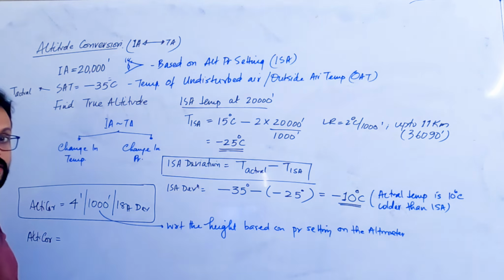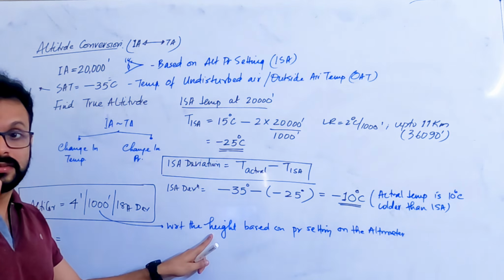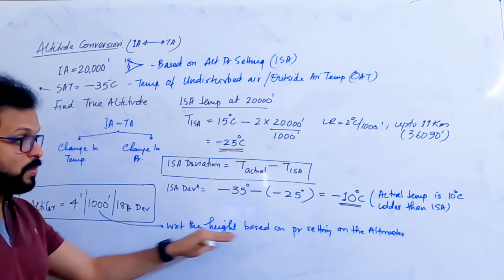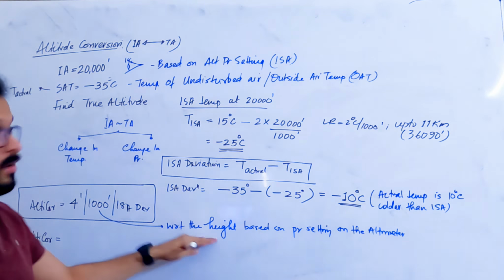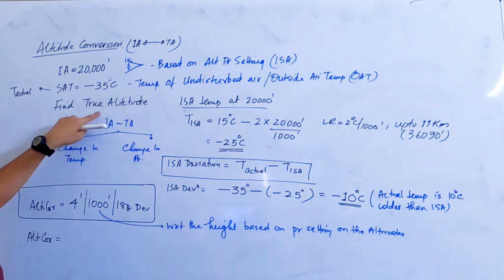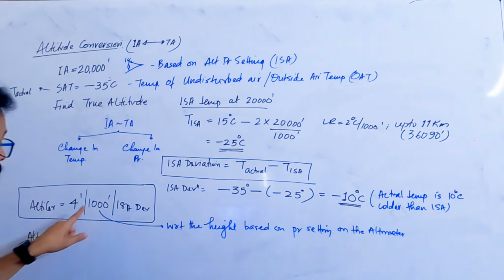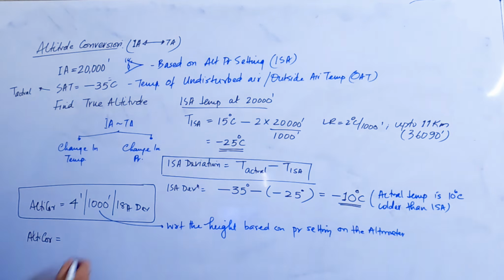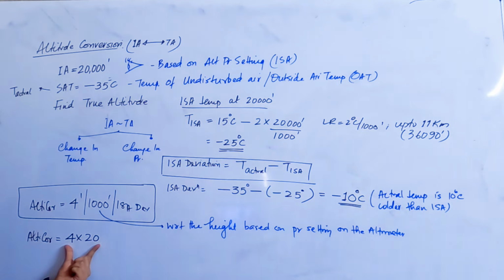Based on the pressure setting on the altimeter, whatever vertical distance the aircraft is showing, it is per 1000 feet of that. That is not the true altitude. What is shown on the aircraft is the indicated altitude, which is 20,000 feet. So per 1000 feet of 20,000 feet is 4 feet into 20. For every 1000 feet you provide 4 feet correction. For 20,000 feet it is 80 feet.